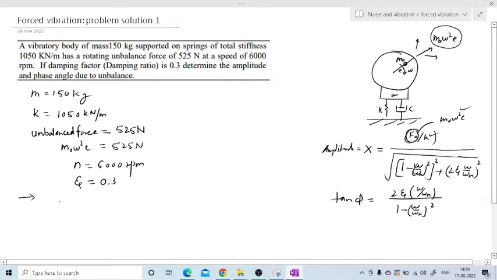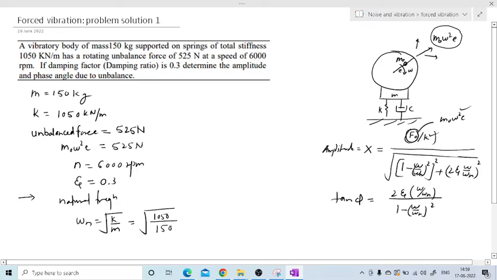Now omega n is the natural frequency. So to determine the natural frequency, omega n is equal to root k by m. Put the values. They have given the value of k, 1050, divided by the value of m, 150 kg.